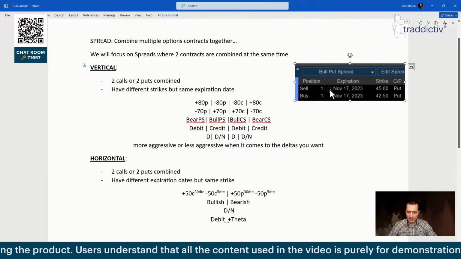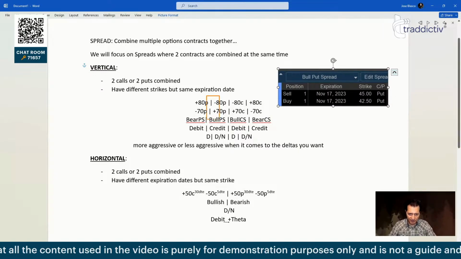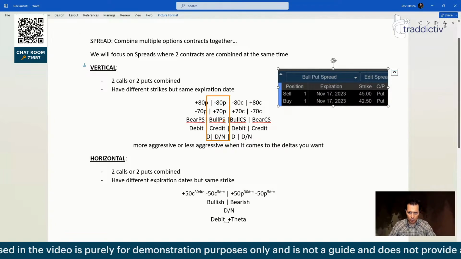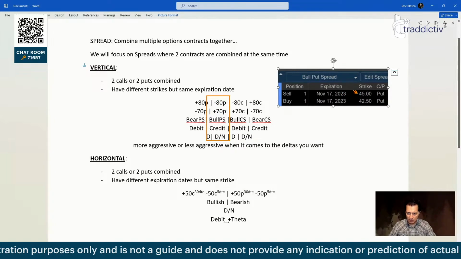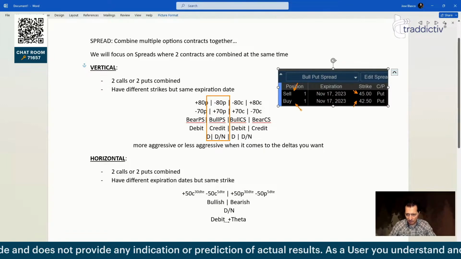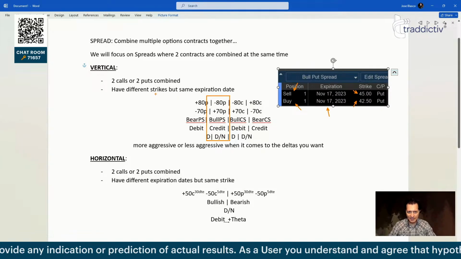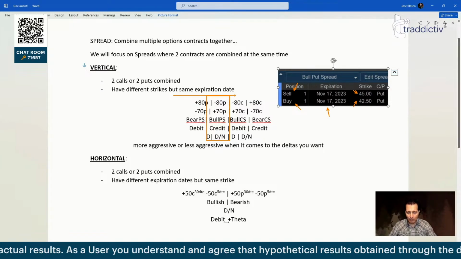So notice how a bull put spread, which we define as that column, bull put spread: sell a put above, buy a put below. 45 is above 42.5, sell above, buy below, same expiration date. My friends, this is a bull put spread.